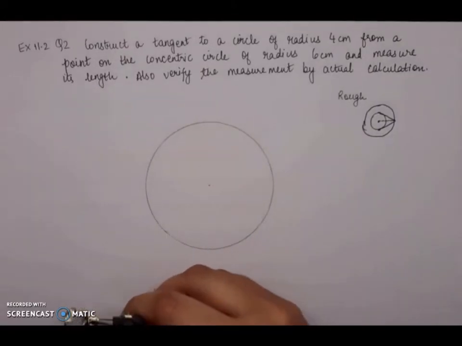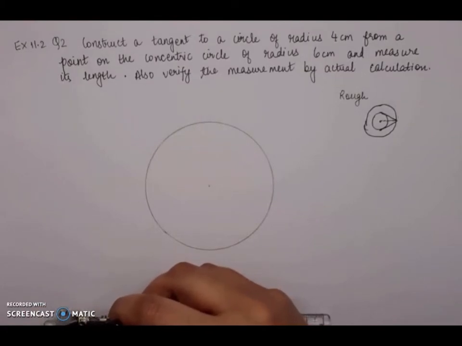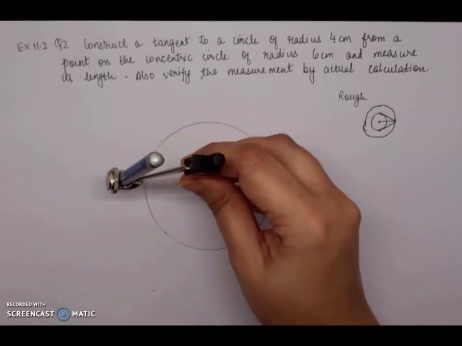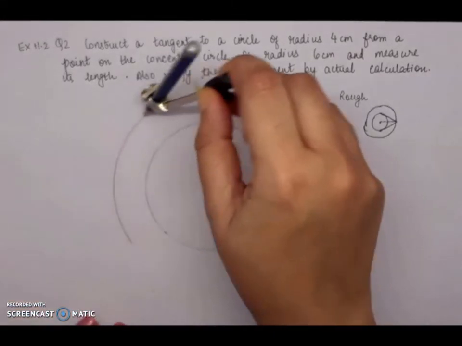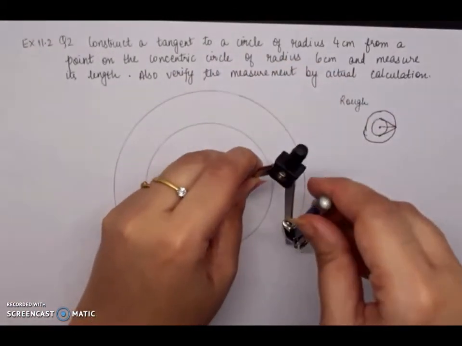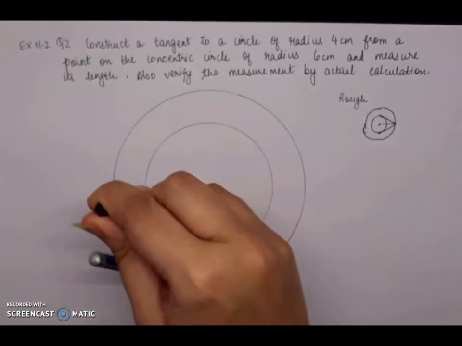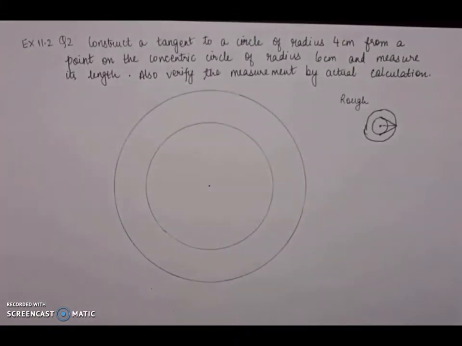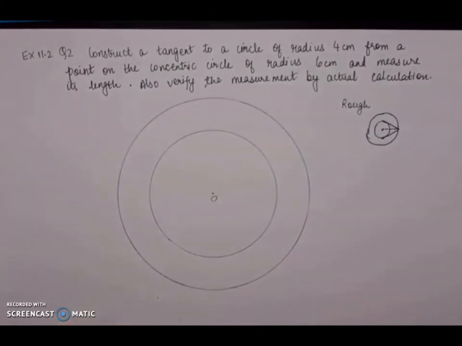Then we will measure 6 cm and with the same center we will draw another circle. So now these are the concentric circles. We will mark O as the center of both these circles.